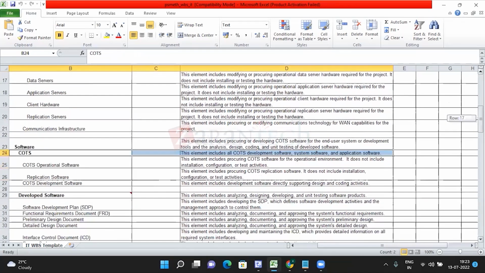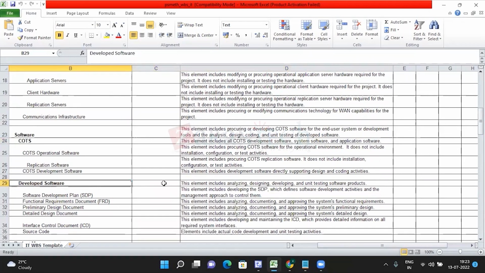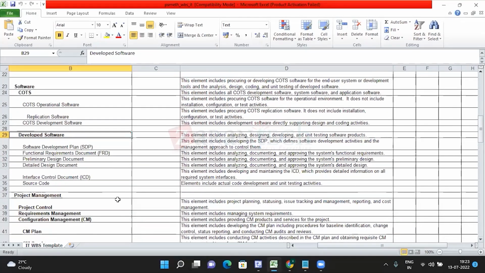When benchmarking which vendor to purchase, or if you're developing the software in-house, what all should be covered as part of this, like in terms of requirements documents. After development is over, we get the source code, but initially we are preparing requirements documents. Based on that, we are coming up with coding.